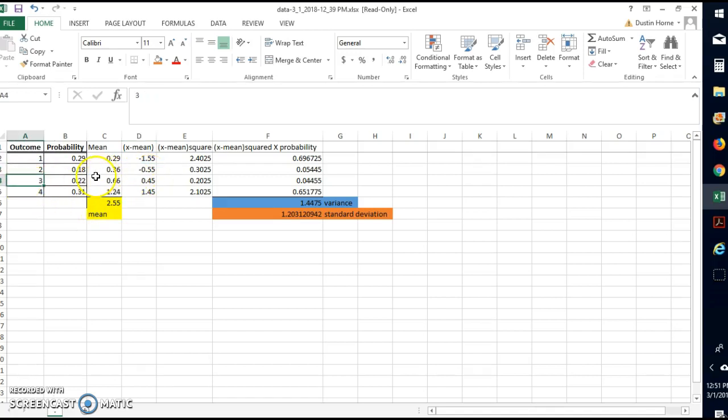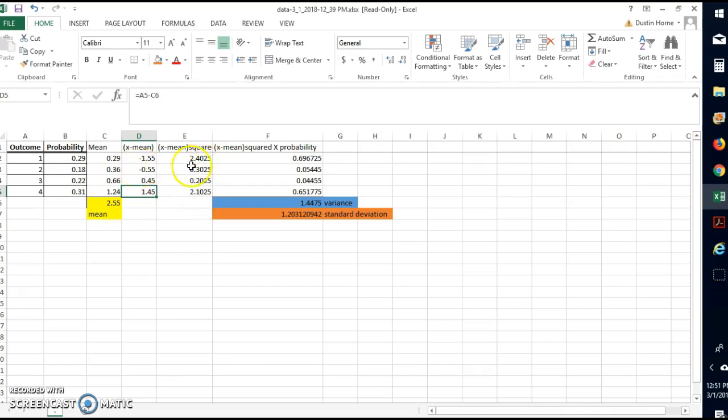For outcome 3, you take the 3, subtract the mean, and you get 0.45, and then you take the 4 and subtract the 2.55 and you get 1.45. So you take each outcome, subtract the mean, and this is how you get x minus mean. Then you take each of these values and you square them.